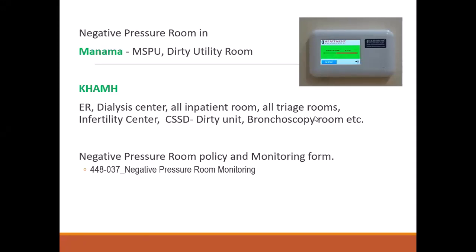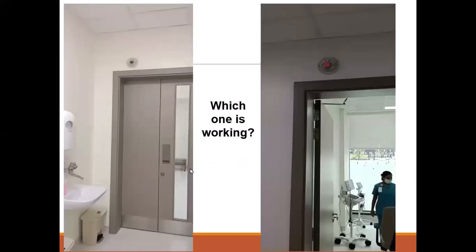Triage, all triage, has negative pressure. The infertility center, and CSSD in the dirty receiving area, where they receive the used instruments, have negative pressure, and bronchoscopy too. So we have to maintain or check that the negative pressure is functioning in that room.